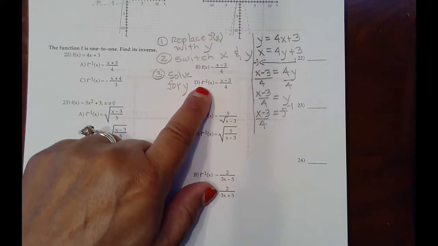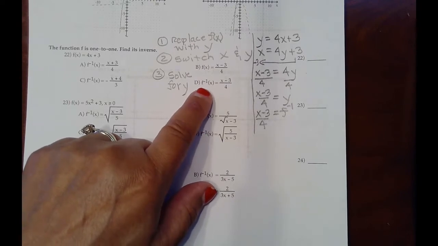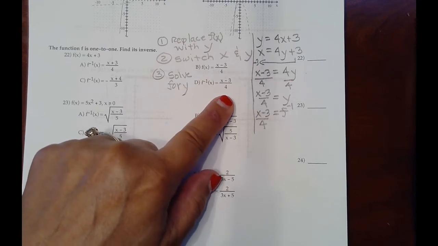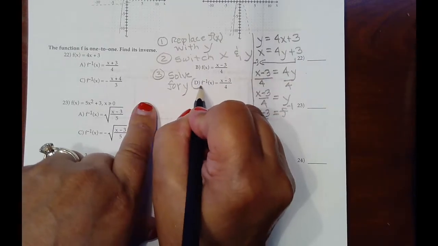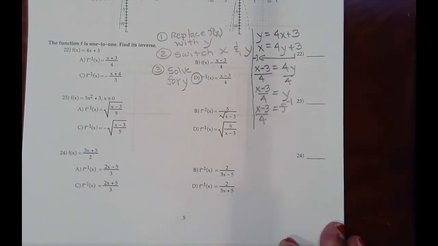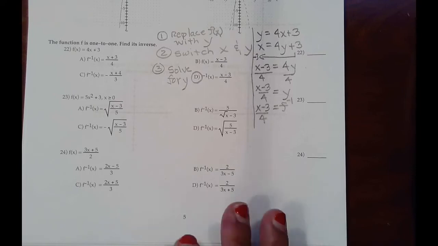So that would be D, because D actually has the inverse symbol as well as the correct function. So for 22, that's D. Okay, number 23. I think I'm going to move over to the paper, though.